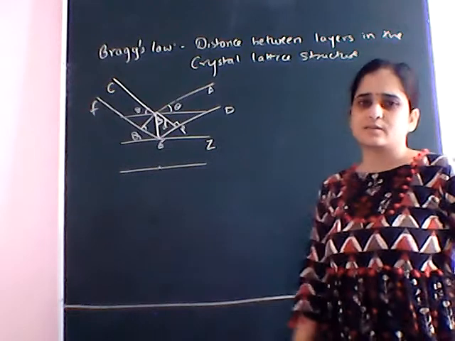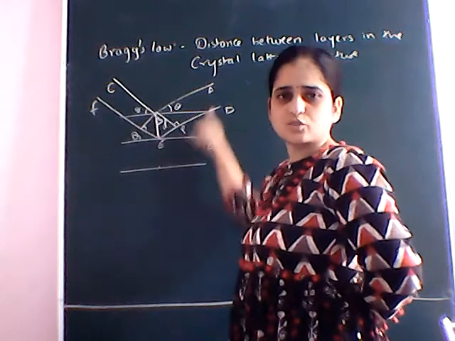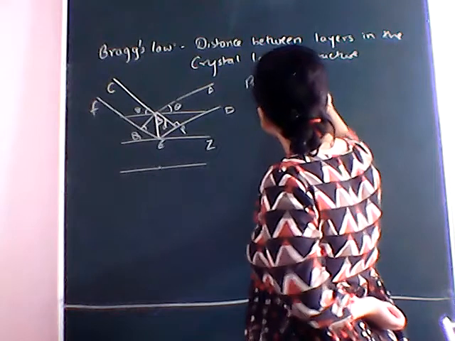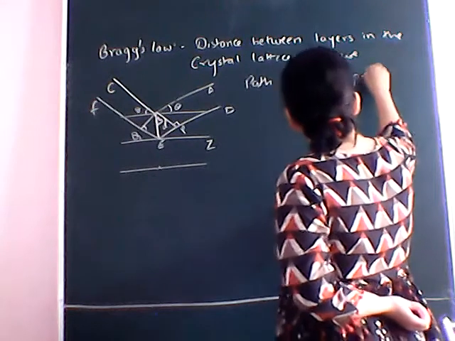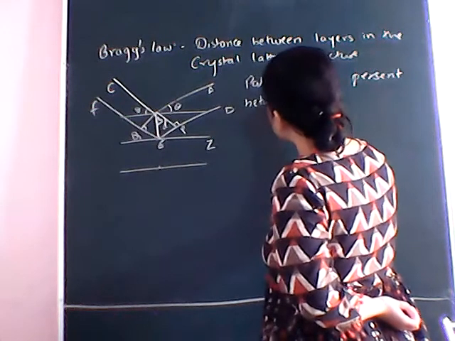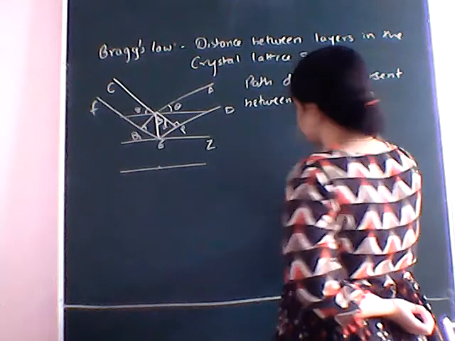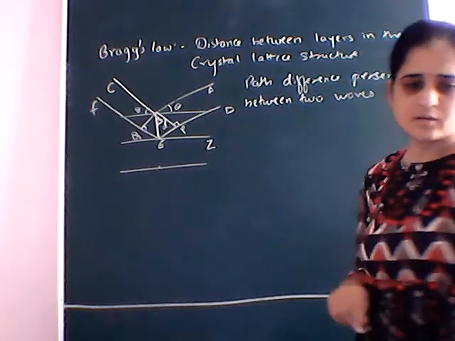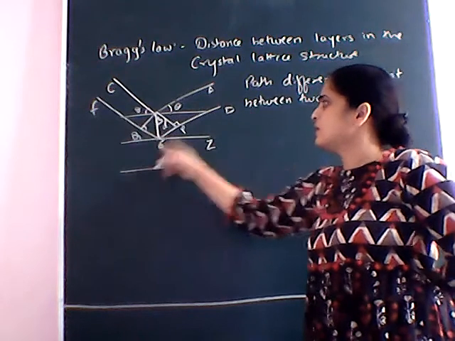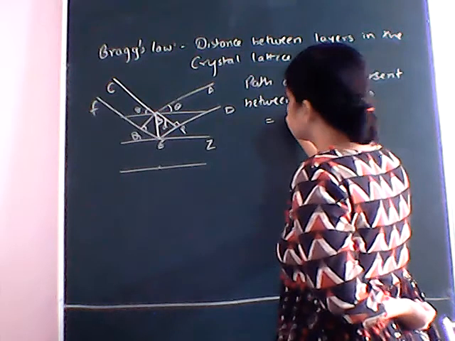So now in this case, the path difference present between the two waves, A, B, C and D, E, F, is actually equal to what?